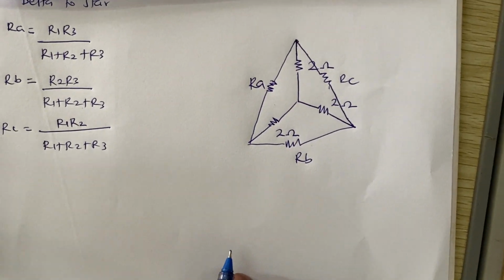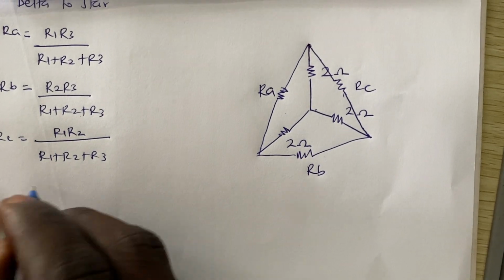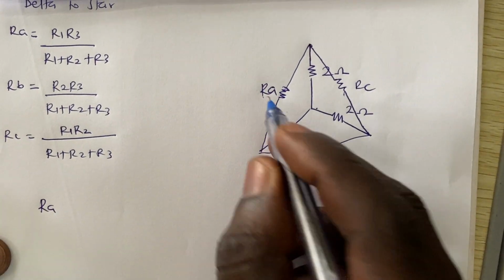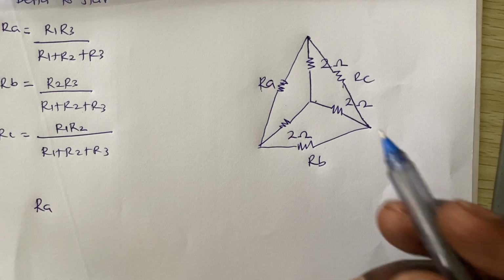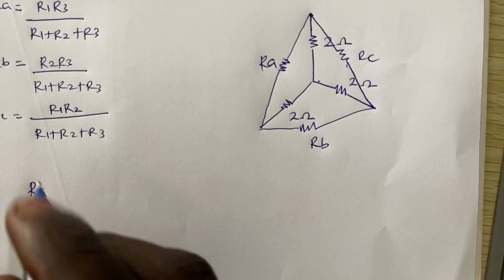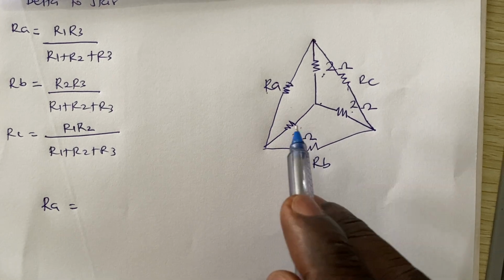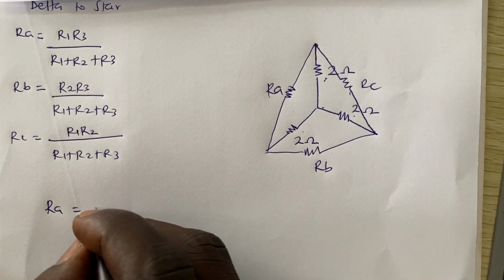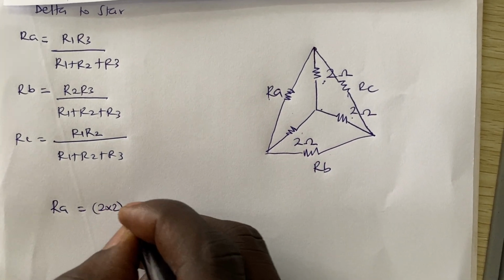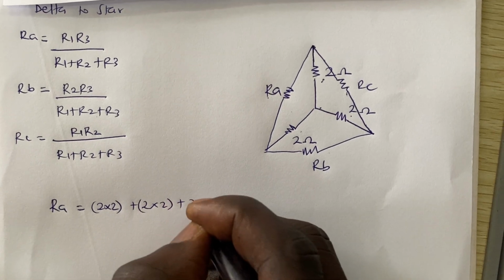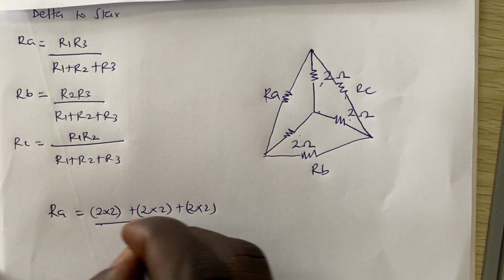And you know that from star to delta, obviously our RA is going to be the SOP, that's the sum of the products, which is this by this plus this by this plus this by this, right? So we are getting 2 times 2 plus 2 times 2 plus 2 times 2, right?